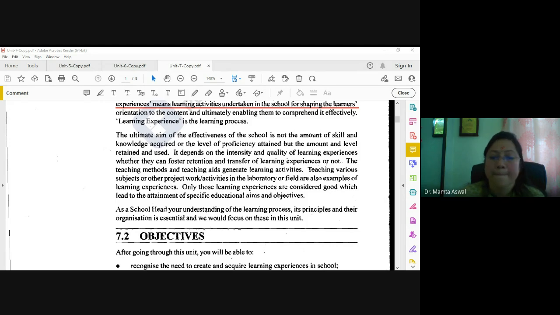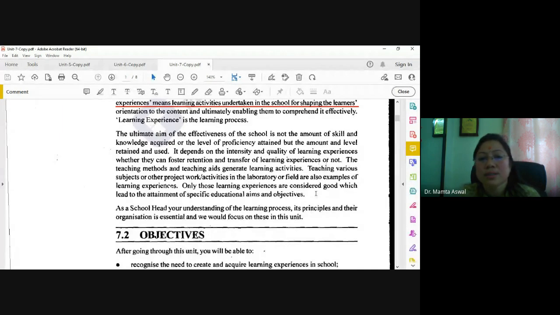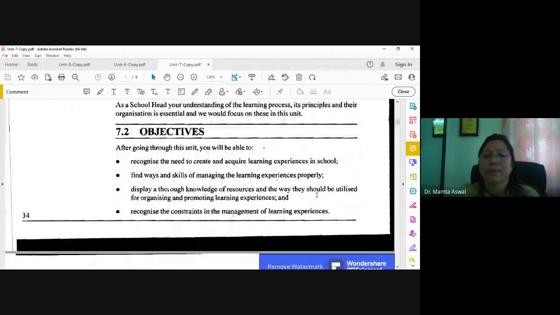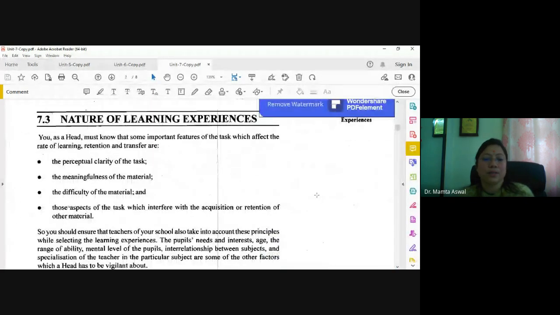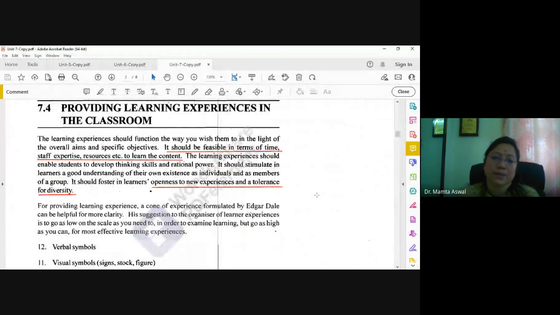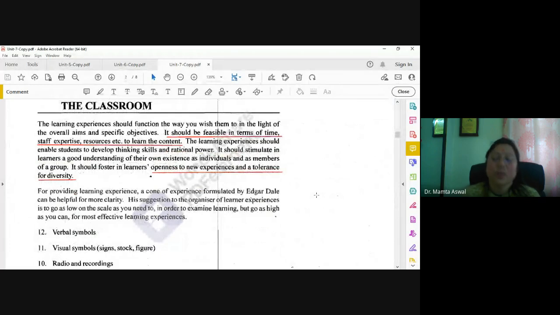So what we are talking about here is experiences, not only the teaching-learning experience, but the other experiences in the school. So how to provide learning experiences in the classroom, and what must be taken care of? One thing is time, because the teacher has only one academic year.